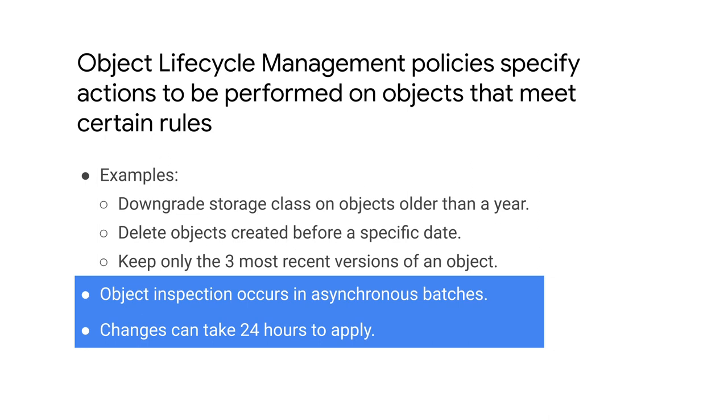Also, updates to your lifecycle configuration may take up to 24 hours to go into effect. This means that when you change your lifecycle configuration, object lifecycle management may still perform actions based on the old configuration for up to 24 hours. So keep that in mind. For more on object lifecycle management, refer to the links section of this video.